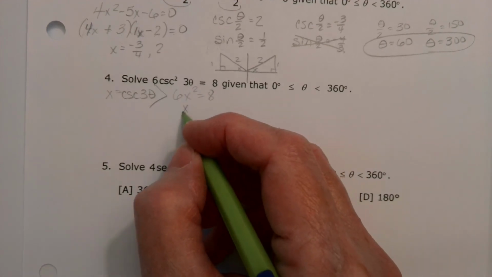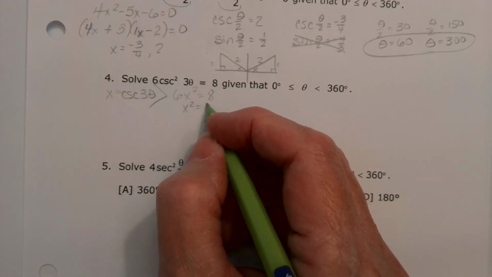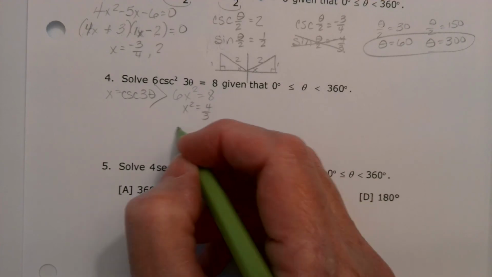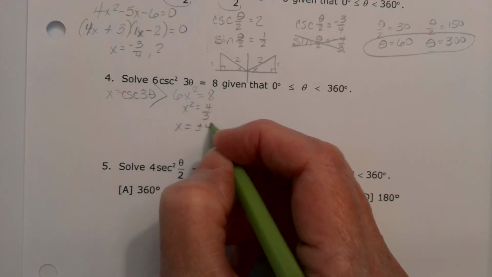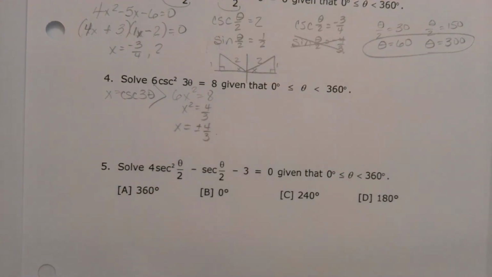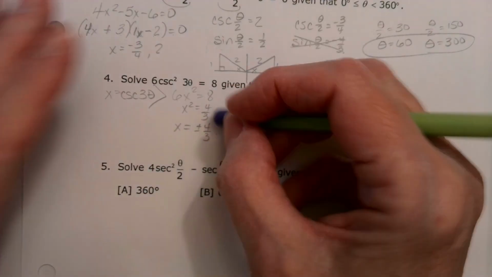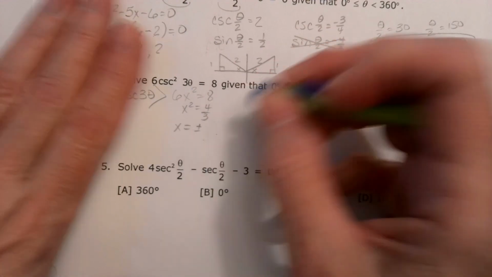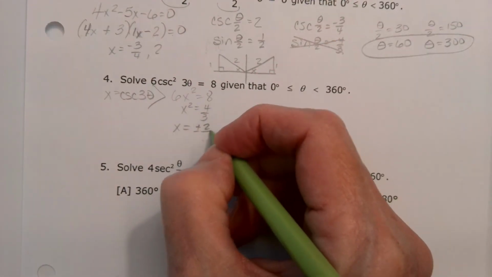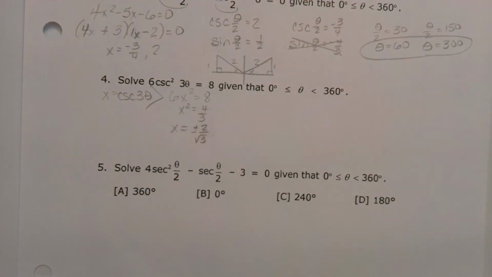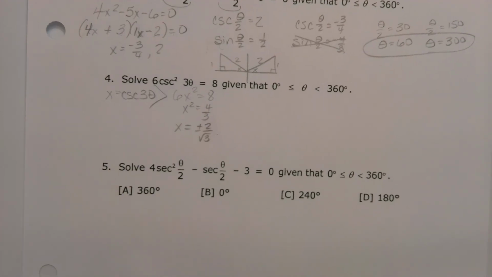So if I divide by 6, I get 8 over 6, which is 4 over 3. Take the square root of both sides, I get plus or minus 2 over the square root of 3. Now don't rationalize it or anything, because we've still got to work with this cosecant.